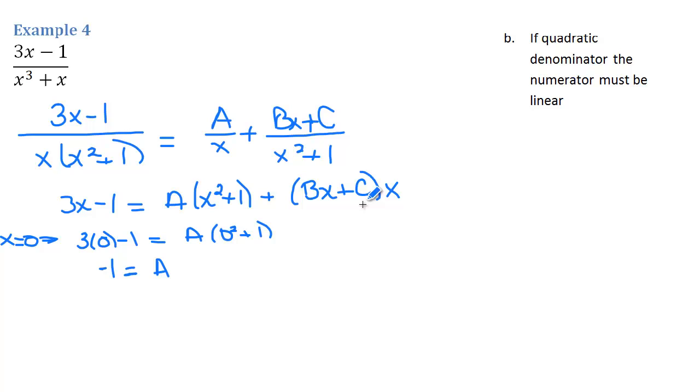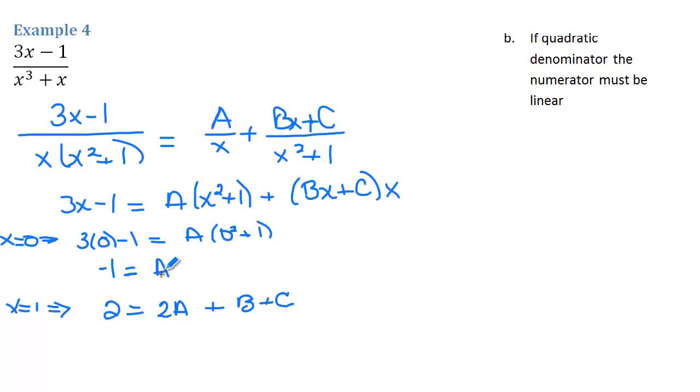So let's pick another number. We aren't left with a lot of nice choices, but let's let x be 1. That means that we will have 3 times 1, or 3 minus 1 is 2. 1 squared is 1, plus 1 is 2, so 2a. 1 times b plus c, all times 1 is still b plus c.